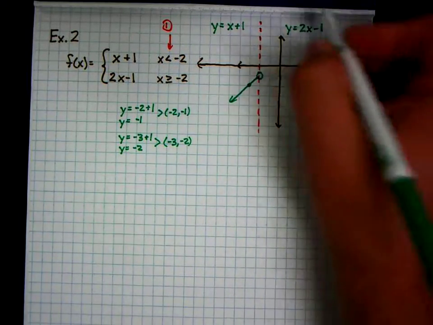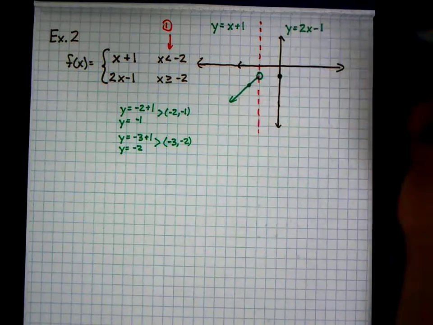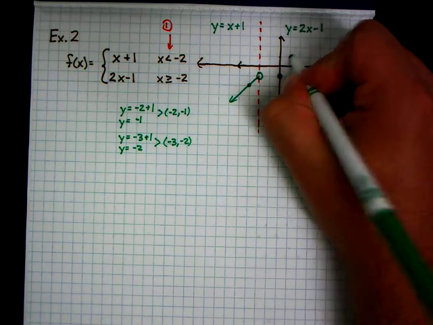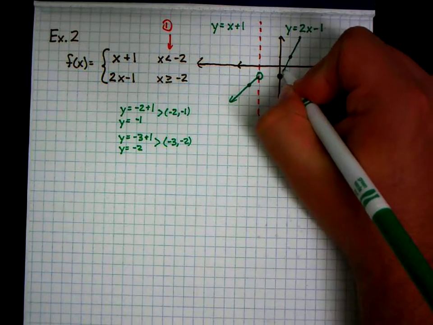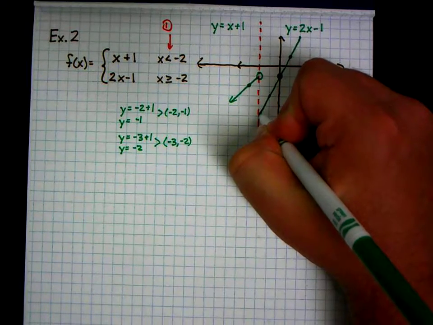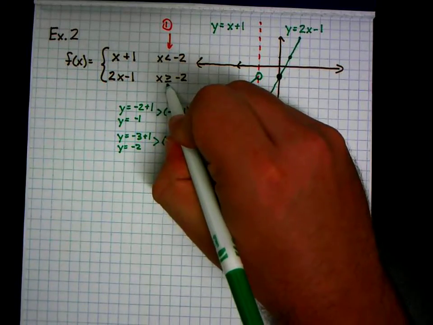Now, on this one, I can go ahead and use my slope. So up 2 over 1. Now, where my line hits that dotted line here, I want to use a solid dot because here we have that equal sign.